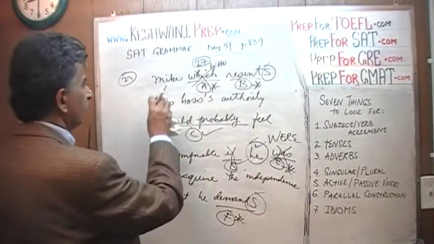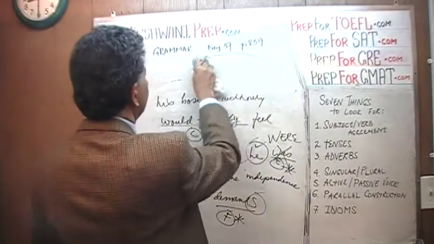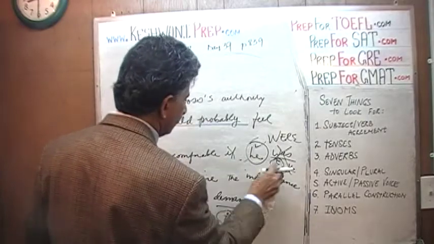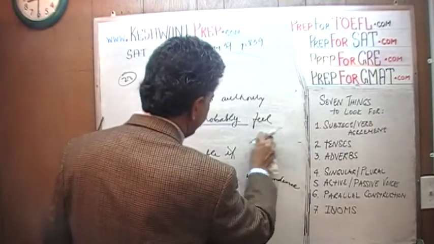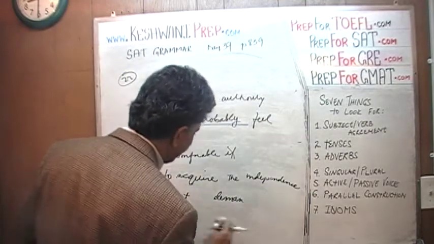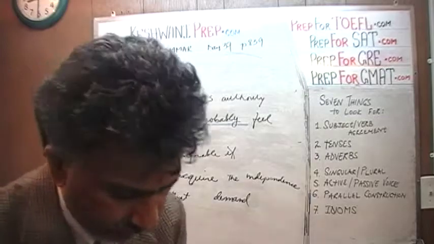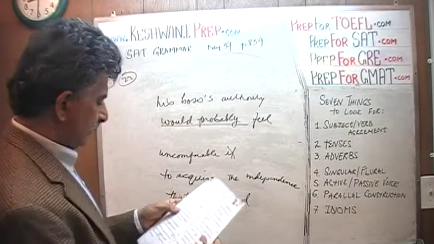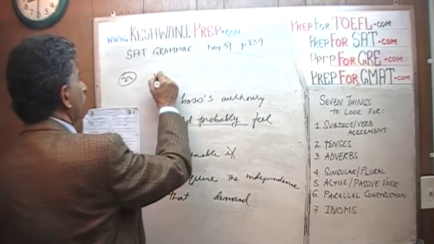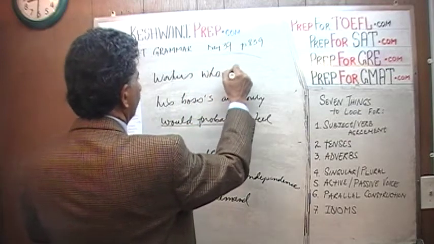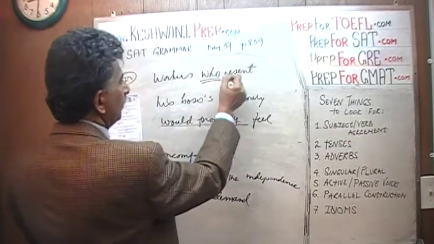Now let's do the sentence that they give us. I'm going to write down number 22, the way it is written in the book. Some of the workers who resent, which is fine. You see, we have who and we have resent.